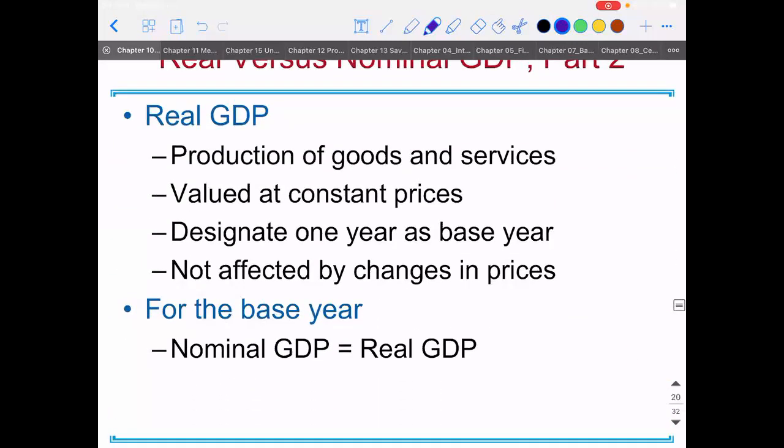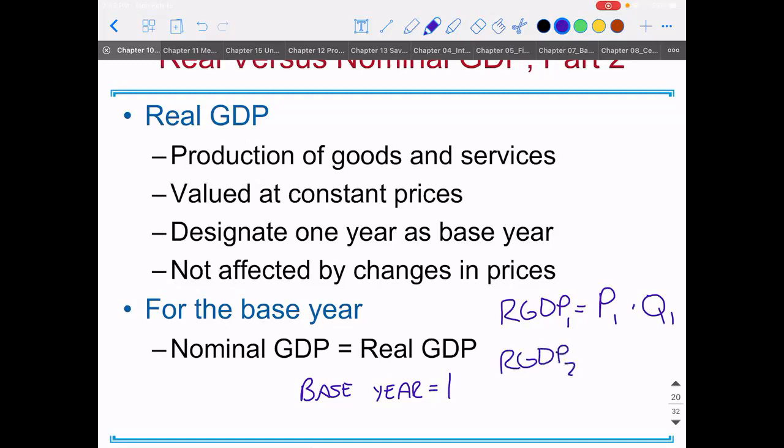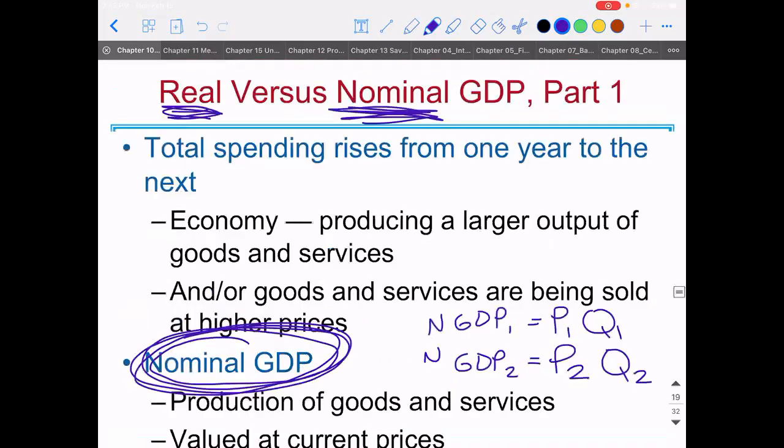But real GDP in year 1 could be P1 times Q1. And if the base year is 1, then real GDP in year 2 would be P1 times Q2.